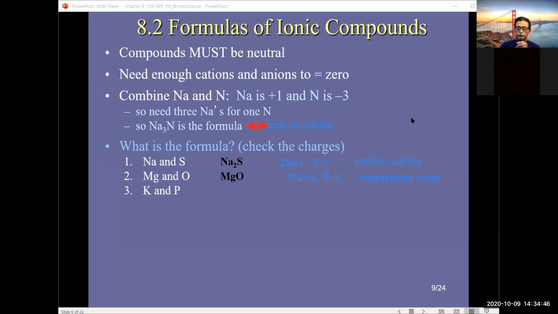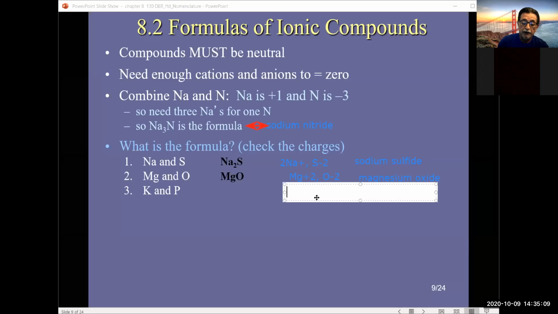Okay. Here, you've got potassium and phosphorus. Put them into ionic form. We know the phosphide is group 5. So write them in ionic form first, and make sure you put them together in the right number.